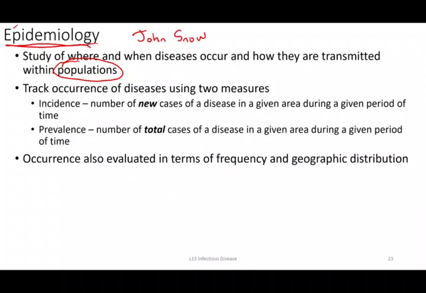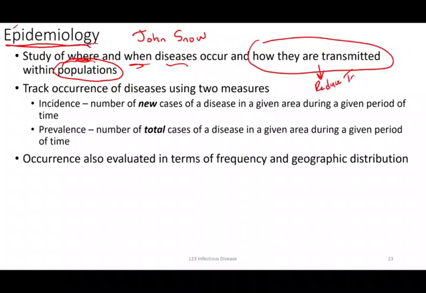But epidemiologists are those individuals who are going to be studying diseases at a population level in terms of where they're occurring and when they're occurring. And the goal is obviously to understand how they're transmitted, and then implement strategies to reduce transmission.